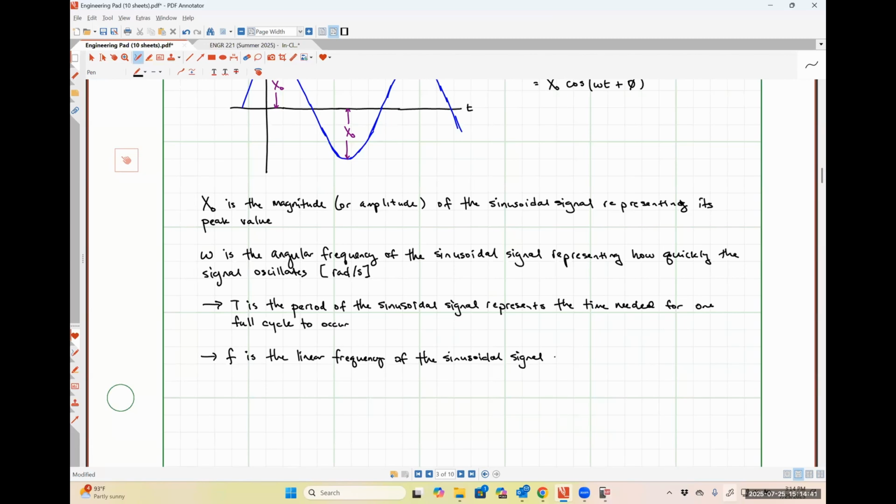And it represents the number of cycles that occur in a given amount of time.